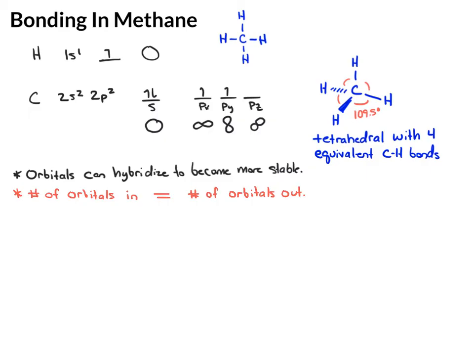So in the case of carbon, we're looking at just the hybridization of carbon right now, and then we'll add in how it bonds with the hydrogen later. But for the carbon, we have 4 orbitals. We have the s, we have px, py, and pz. So we start with 4 orbitals, and these undergo hybridization.